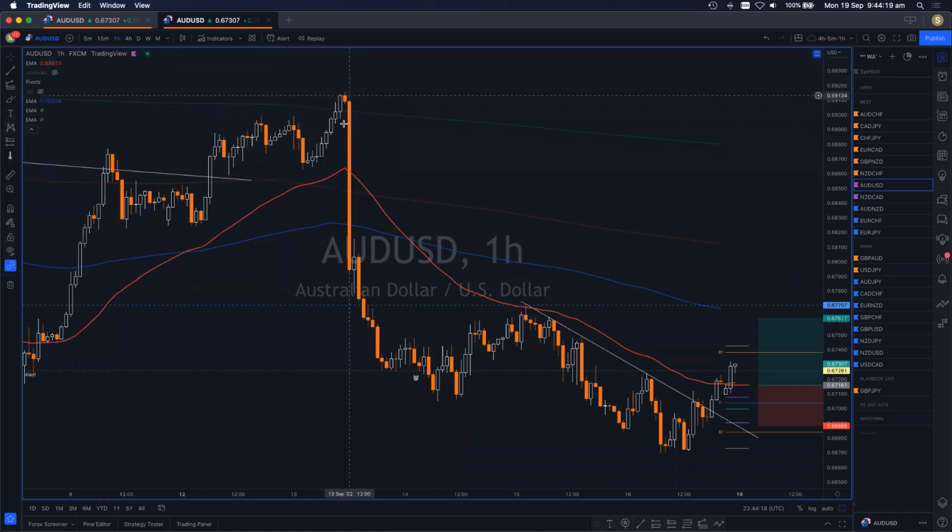Because of this crazy price action last week from the news, it's not made it much easier to do the chart, the trend lines and stuff. But we do have a trend line formed here in the last couple of days or so, which is respected, and then it broke through on Friday. We've now just got a breakthrough of the 1 hour 50. So I have to see how that plays out, but that's definitely on my radar now, because the 1 hour 50 is broken, the trend line is broken.